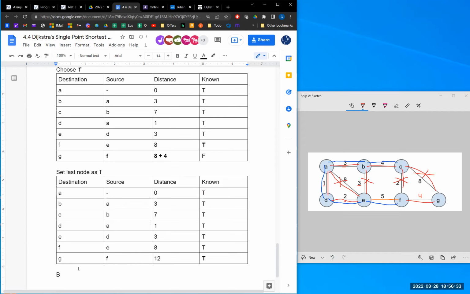So by working backwards, we can see the actual path, the vertex, in addition to the cost to get there, just looking at the table.